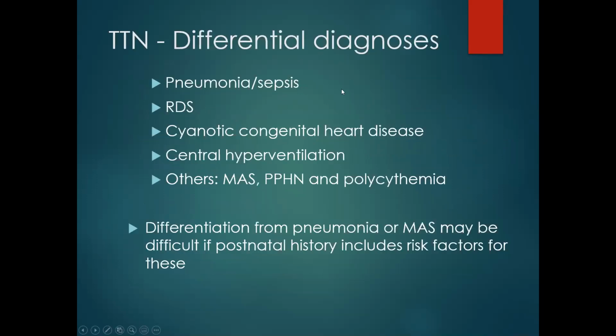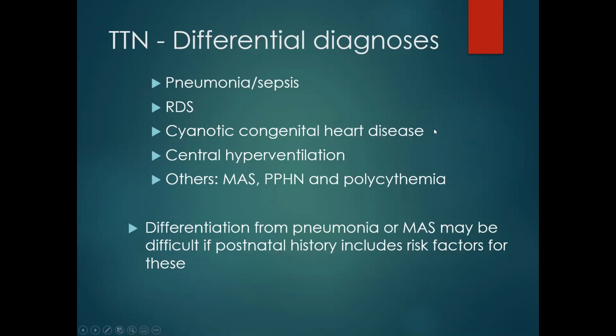All right, so what other conditions may mimic a TTN baby? As I've said earlier, there could be pneumonia, okay? Sepsis, if mom has chorioamnionitis, for example. Or this could be a baby that's more premature than they thought and has surfactant deficiency or RDS.